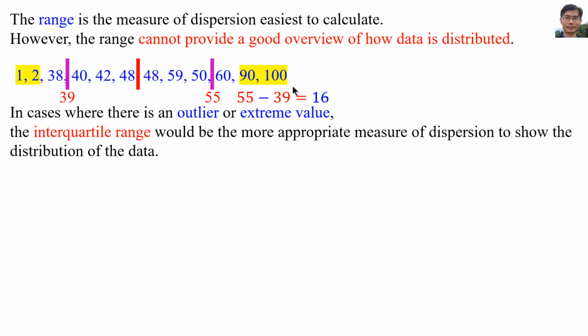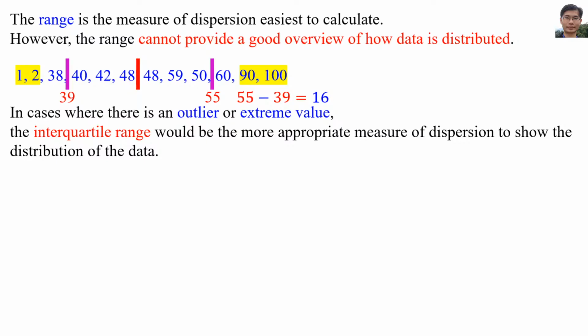So when we tell other people who don't know the data that the interquartile range is 16, then they know that the data spread is not that big. Means the data spread just very narrow. If we tell them the range is 99, they may think that the data spread a lot, but in fact it's not the case.